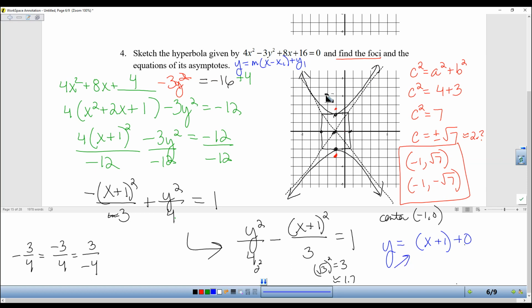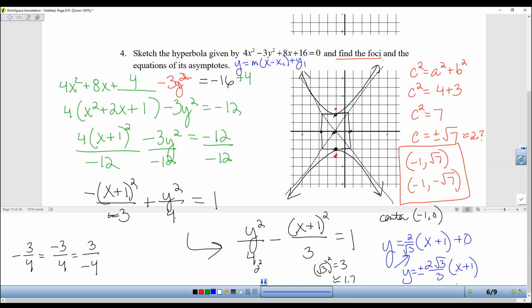One's going to be positive and one's going to be negative, but they are going to be the same. So how much did we go up? We went up 2, and then we went over 1.7, which was the square root of 3. So up 2 over the square root of 3, which you might want to rewrite as 2 square roots of 3 over 3.